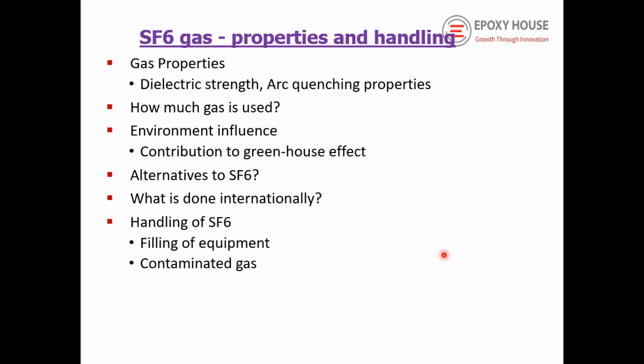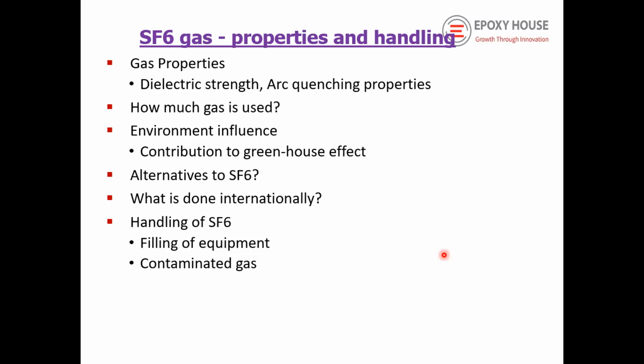For example, people have come up with alternate gases from 2010 onwards. There is a thrust for new gas introduction to replace it, because the fluorinated gas is not good. The SF6 byproducts are very harmful, but SF6 itself is very stable.